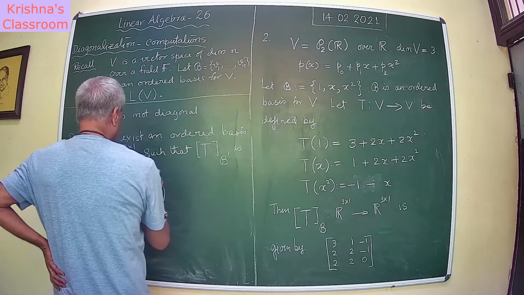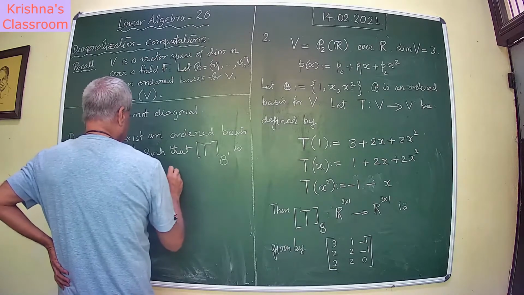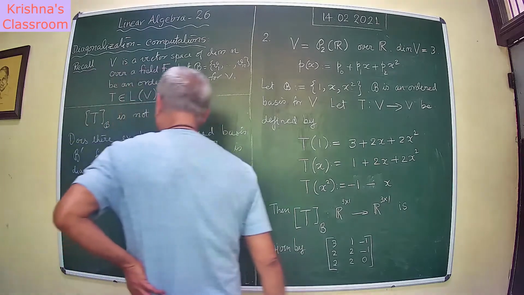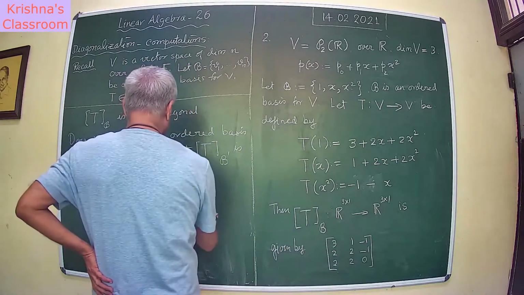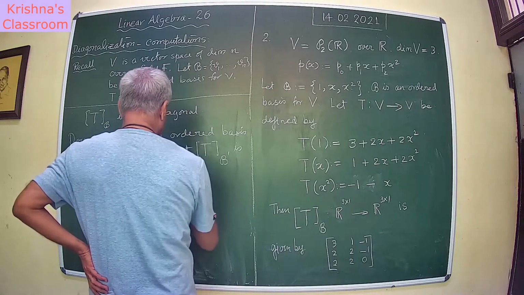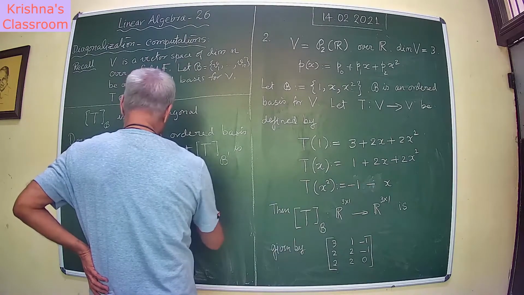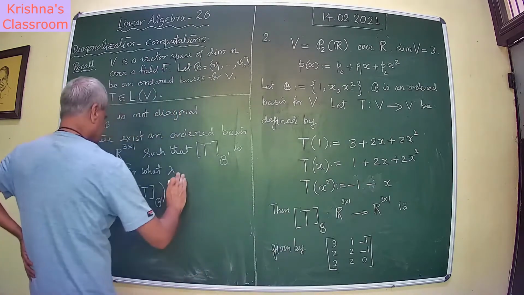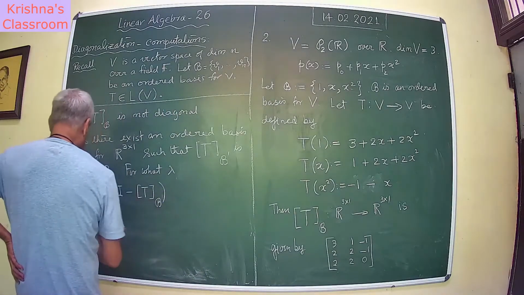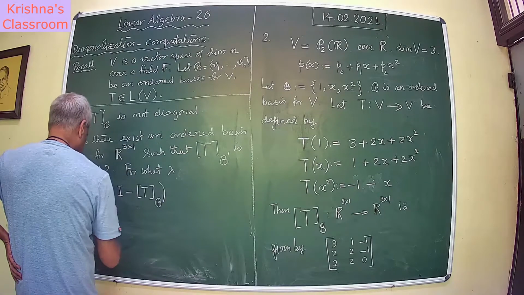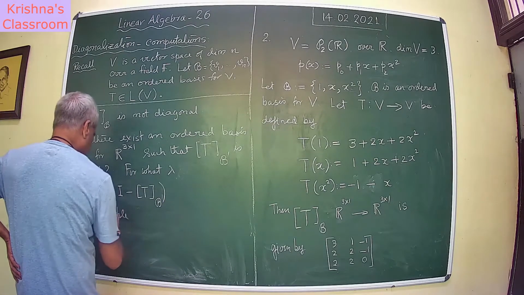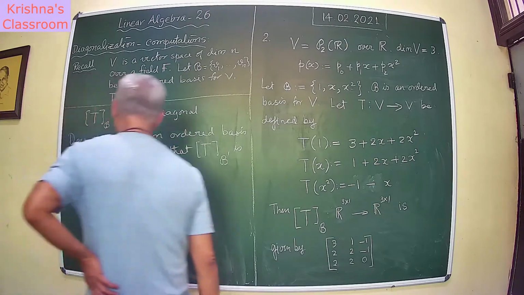For what values of lambda is this zero? That is the question that you are asking.